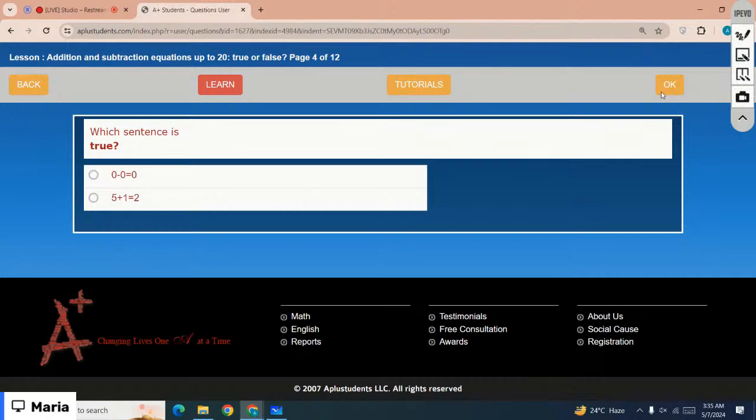The correct option is option number 1. 0 take away 0 is 0.